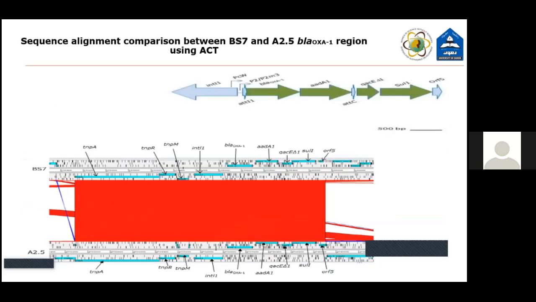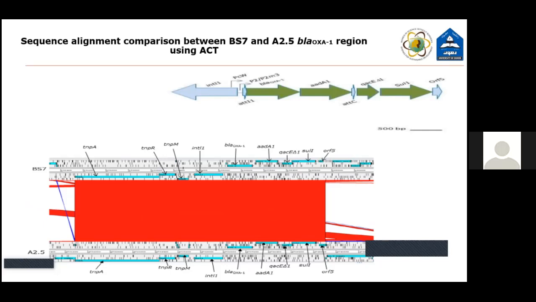The sequence alignment comparison between the BS7 and A2.5 BLA-OXA-1 region using Artemis comparison tool showed that there was 100% similarity between these two strains regarding the BLA-OXA-1 region.